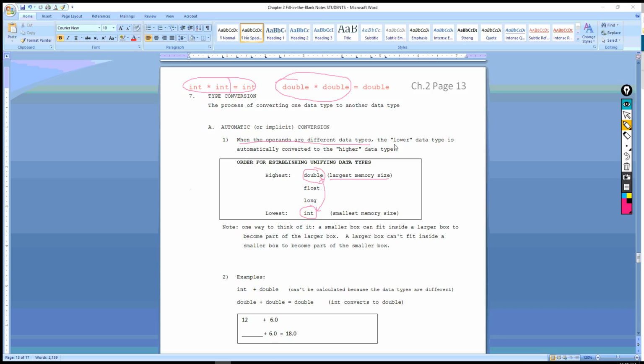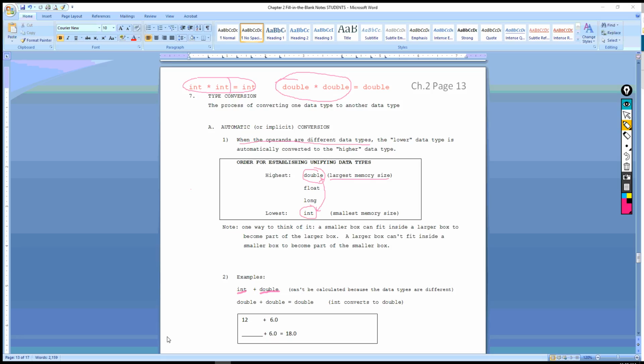Here's what happens. The lower type needs to convert to the higher type in order for these calculations to work. An example is an int plus a double. This can't be calculated because you can't add an int and a double together. So what Java does is automatically change either the int to a double or the double to an int. It's set up to convert the int to the double because the int is smaller and can be converted to a double.